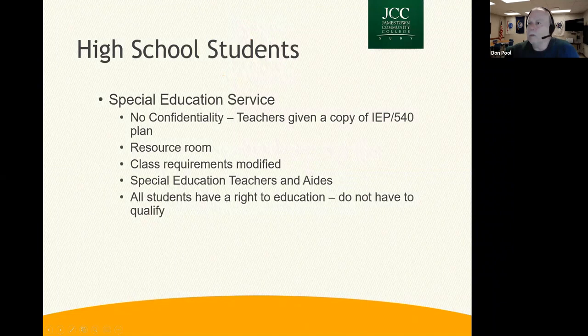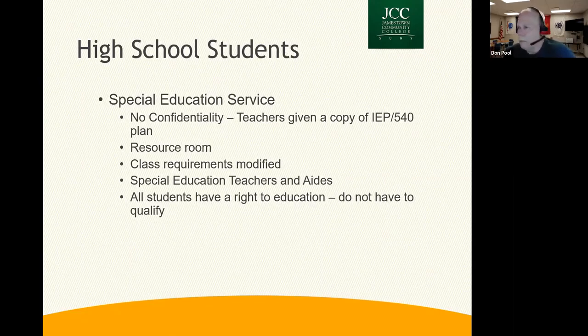So in high school, just to go back a little bit, high school students have special education services through the IDEA, or Individuals with Disabilities Education Act. And there's no confidentiality. Teachers are given a copy of your IEP or 504 plan.